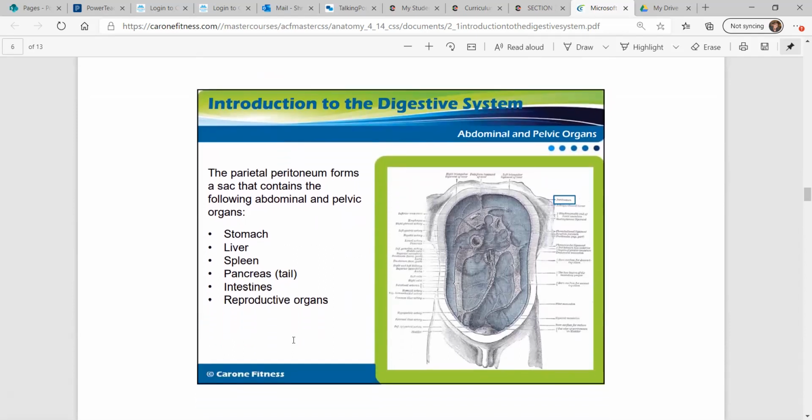The parietal peritoneum forms a sac that contains the following abdominal and pelvic organs: the stomach, liver, spleen, pancreas, tail end of the pancreas, intestines, and reproductive organs.